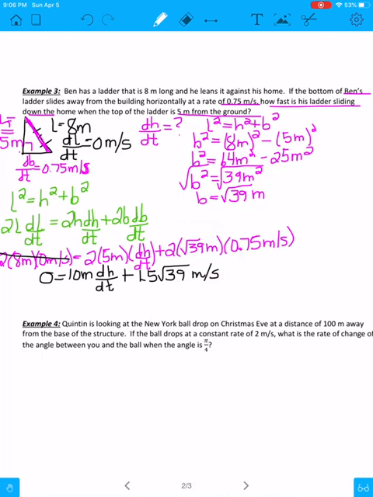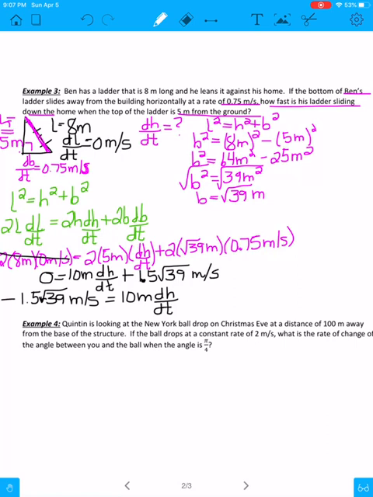Okay, so I need to move this over to the other side by subtracting it. So I'm going to get negative 1.5 root 39 meters per second equals 10 meters dH over dt. And then I just need to divide by that 10 meters.